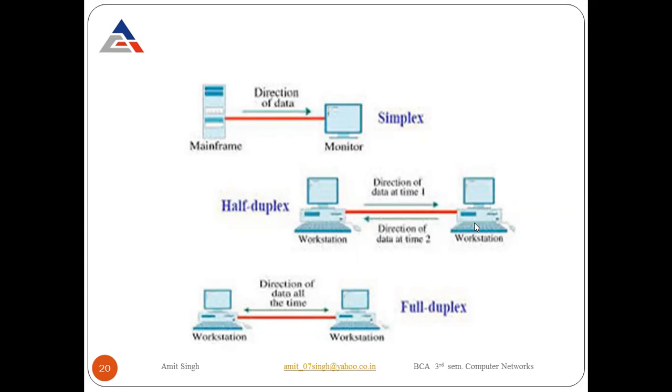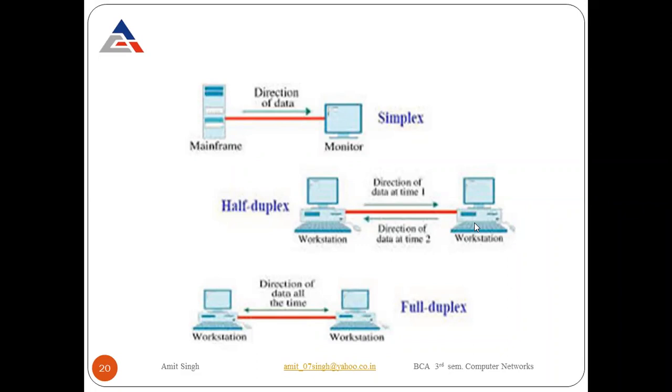What it means, in the case of half duplex, both the systems can communicate with each other. Both can send the data, both can receive the data. But the thing is, at the same time, only one system can send the data, the other can receive the data. At the second time, that other system can send the data, and this main system can receive the data.